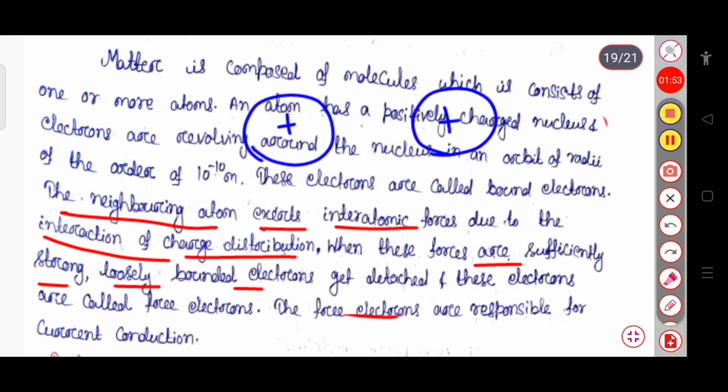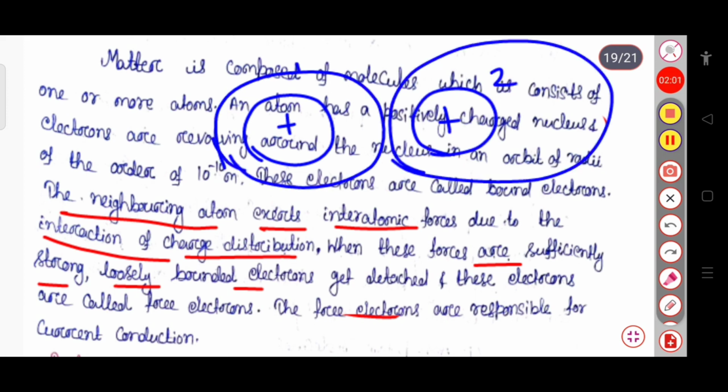Surrounding each nucleus, some electrons are orbiting, and suppose the electrons in the second atom are distributed like this.